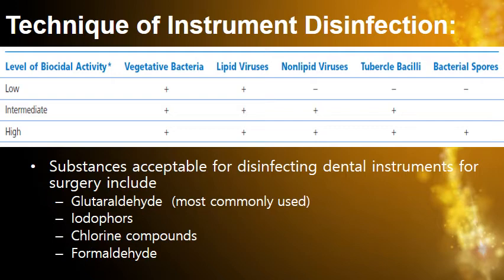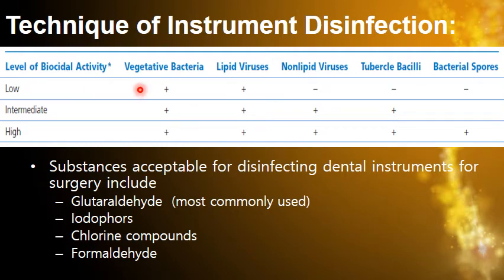Chemical agents with potential disinfectant capabilities have been classified into low, intermediate, and high levels of biocidal activity. How do I measure them? Low biocidal activity means a chemical disinfectant that will kill only vegetative bacteria and lipid viruses, but has no effect on non-lipid viruses or the tubercle bacilli, which is a resistant type of bacteria, or the bacterial spores.